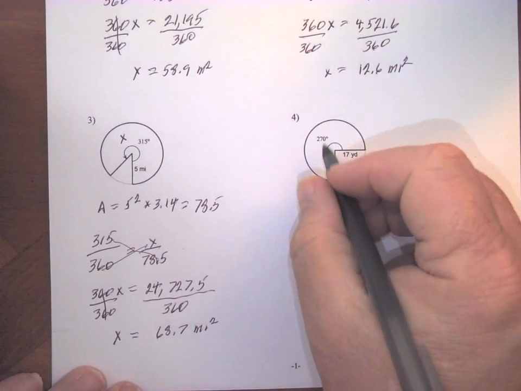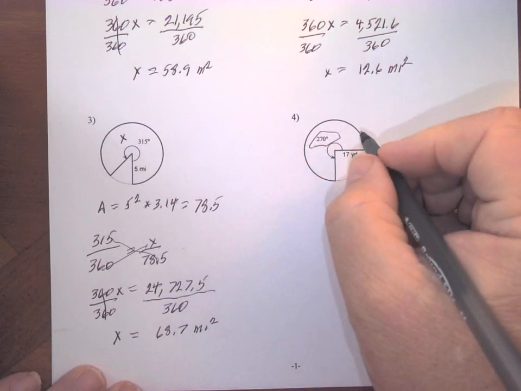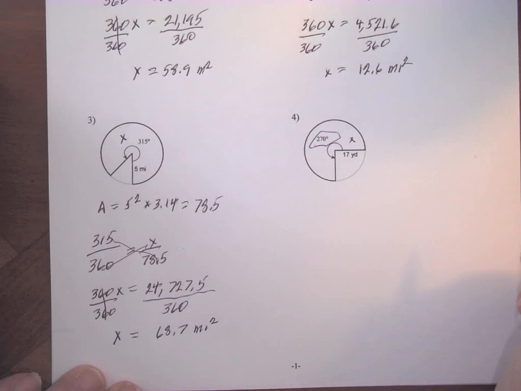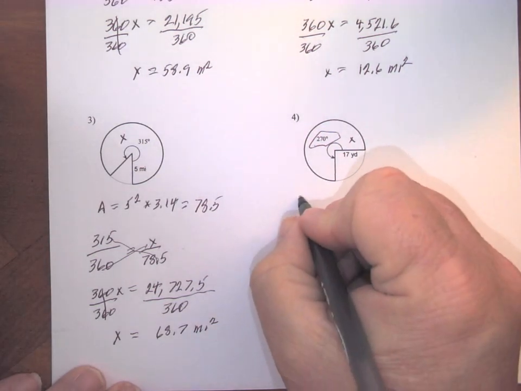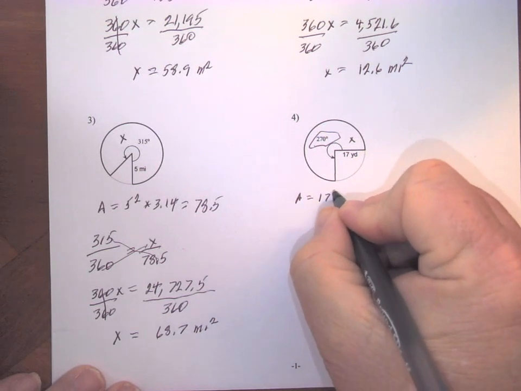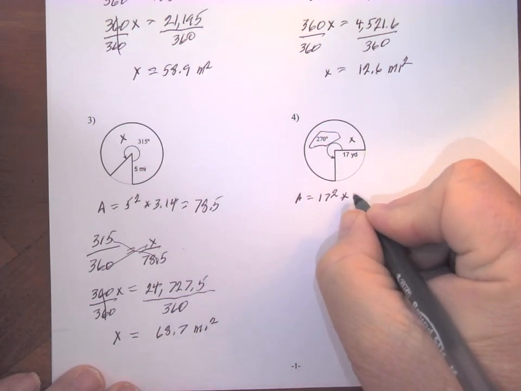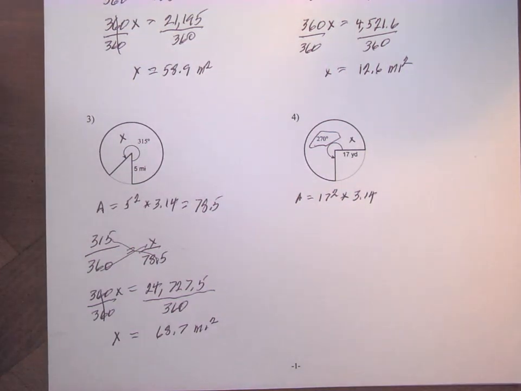So let's do number 4. The central angle is 270. We're looking for the area of that sector, and we know the radius is 17. So the area of the total circle is equal to 17 squared times 3.14, which is what we're using for pi, because I can't think in more than 2 digits.